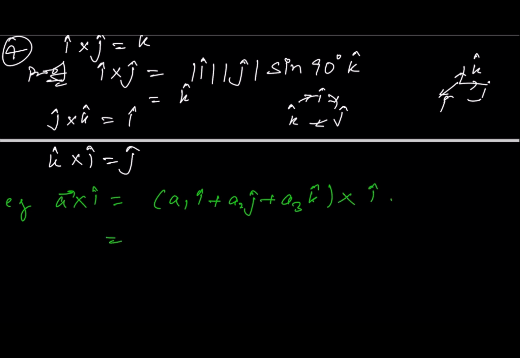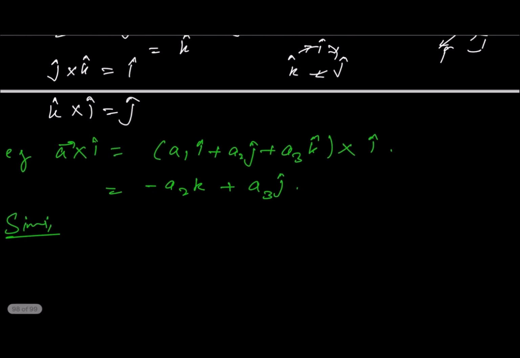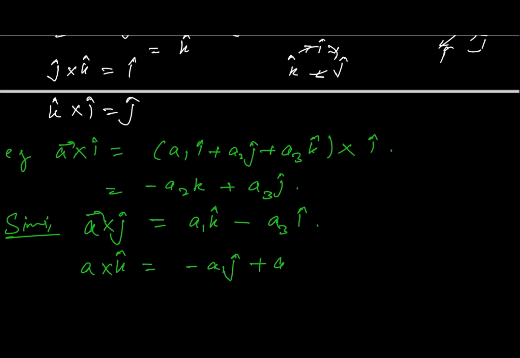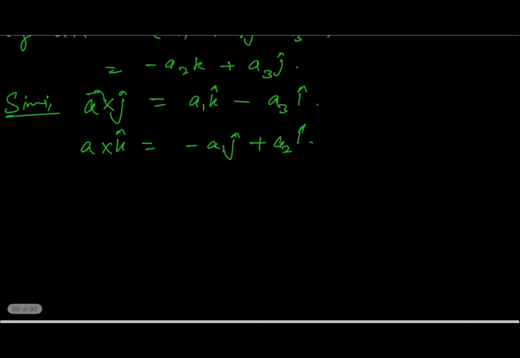So J cross I is minus K. So minus A2 K plus A3 J. Similarly, A cross J is A1 K minus A3 I, and A cross K is minus A1 J plus A2 I.